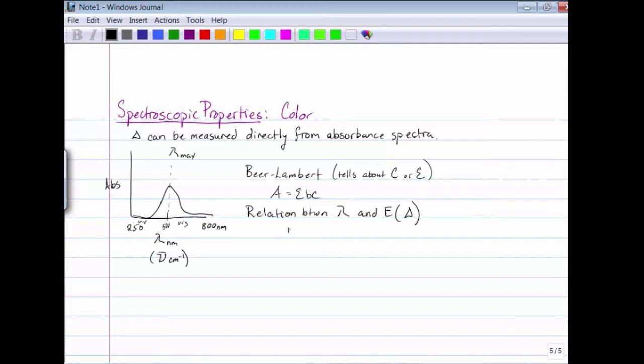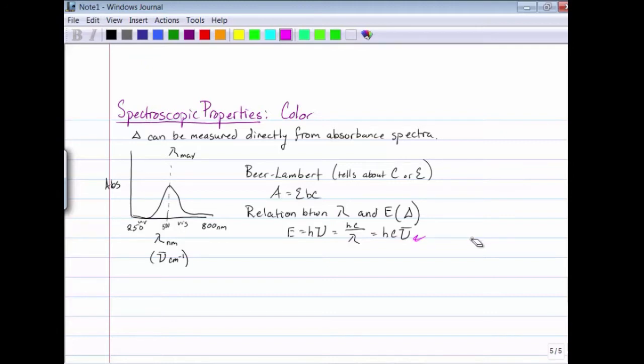The energy is equal to h times the frequency, or you could write it as hc over lambda. h is Planck's constant, c is the speed of light, and lambda is the wavelength. It can also be written as hc times the wave number. Remember, wave numbers are in centimeters to the -1.